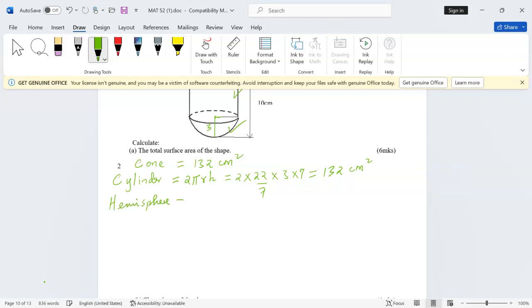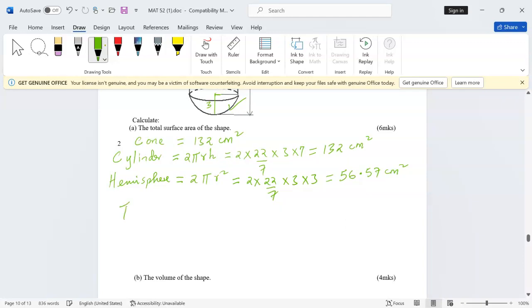Then we have the hemisphere. The hemispherical part has surface area given by 2 pi r squared, and this gives us 56.57 square centimeters.